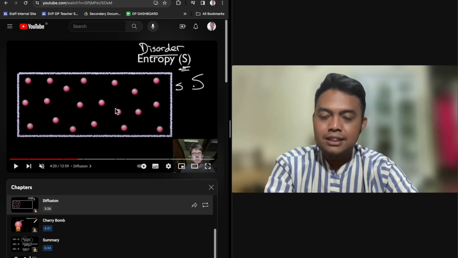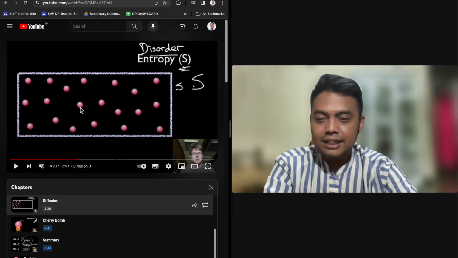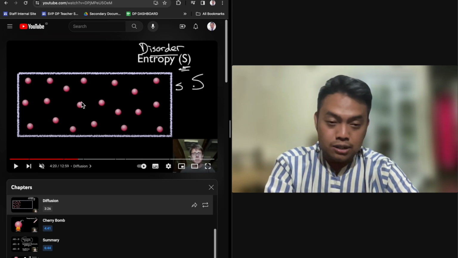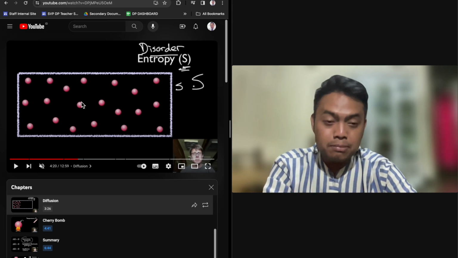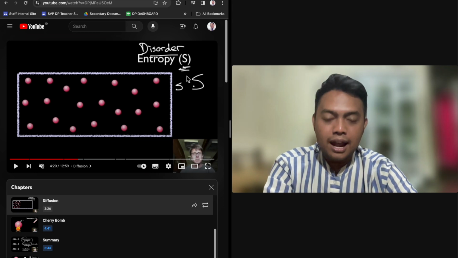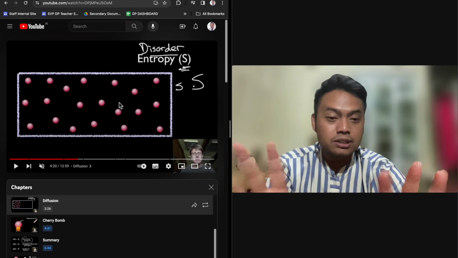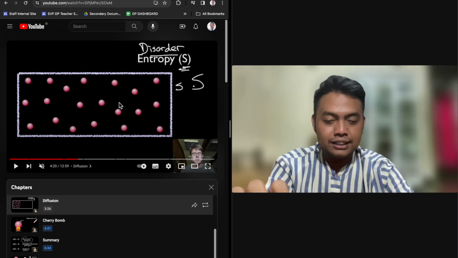It means the disorderness is now increasing, right? The spontaneous reaction in here is saying that if you increase the disorderness, if you increase the dispersed level of molecules, that will be the spontaneous reaction. So you will have to make the entropy change become positive, become more disorder. That's the character of spontaneous reaction.